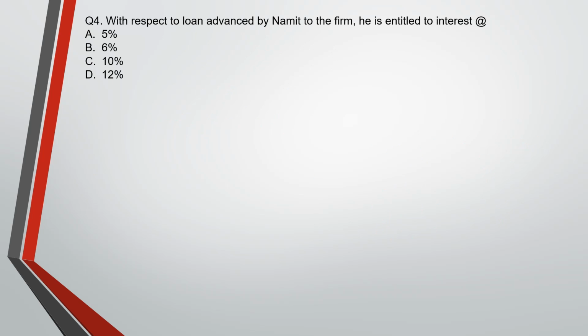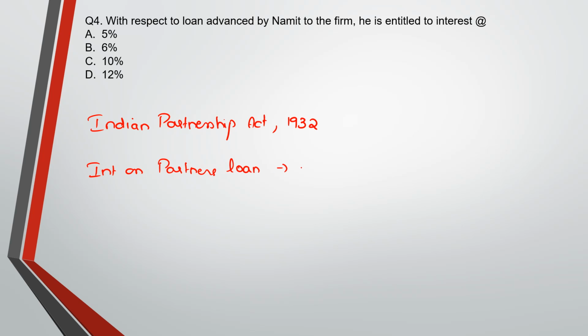When no interest has been specified, in the absence of a deed or in the absence of a rate on the loan given by a partner being specified in the deed, then under such circumstances, we have to refer to the Indian Partnership Act. When we refer to the Indian Partnership Act of 1932, the provision says that interest on a partner's loan has to be provided at the rate of 6% per annum.